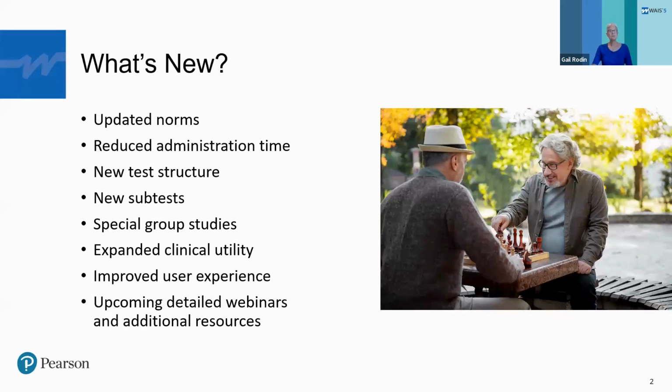Let's start with a quick rundown of what's new, and then I'll expand on each of these as we go through the next half hour. Of course, there are updated norms with the new revision. We're going to talk about the reduced administration time, which I think will be a big favorite. There's a new test structure and new subtests.